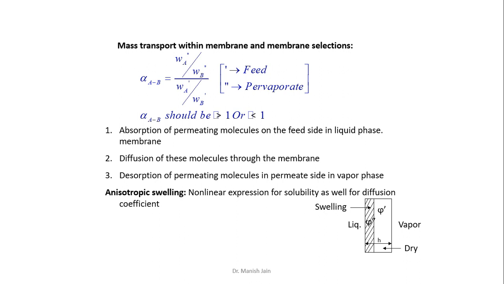Then they diffuse from the feed side to the permeate side, and when they reach the permeate side and desorb, they go into the vapor phase. So the phase change occurs during the transportation across the membrane itself.